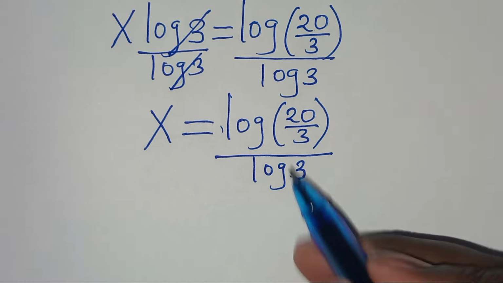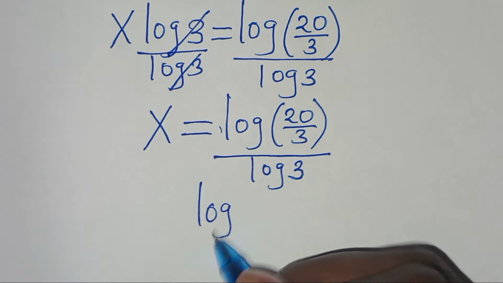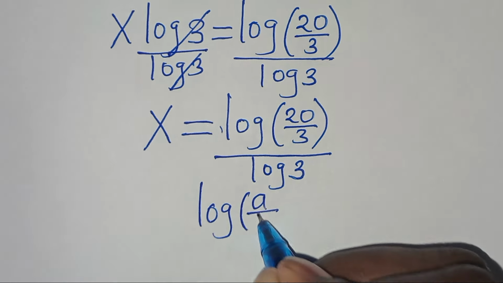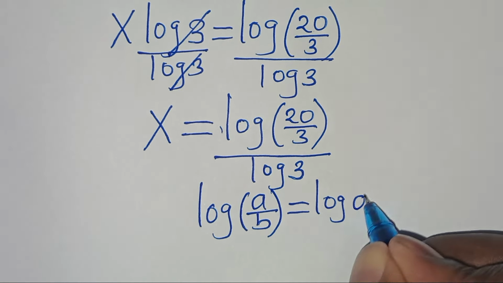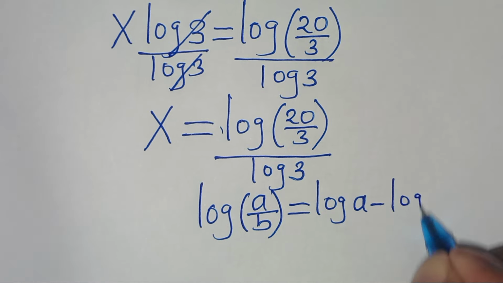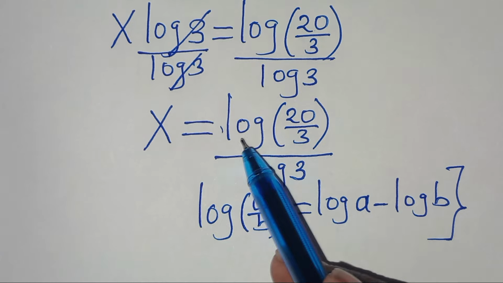The next step is that log 20 over 3 is in the form of log a divided by b. This can be expressed as log a subtract log b. So let's apply this logarithm property here.